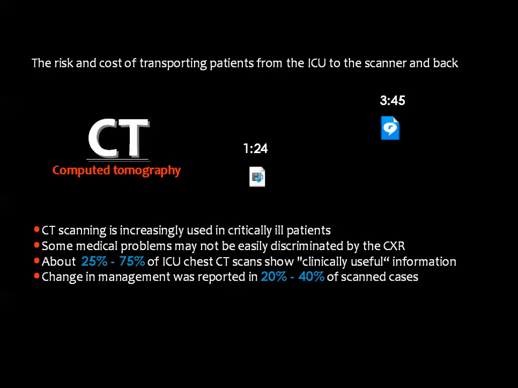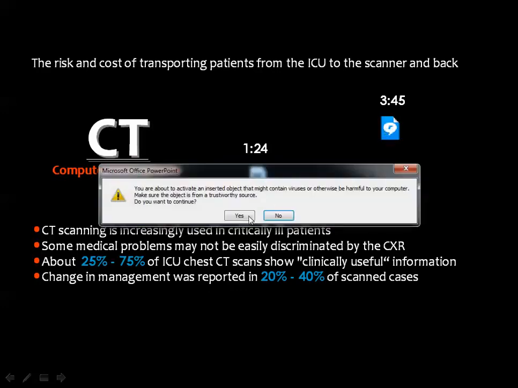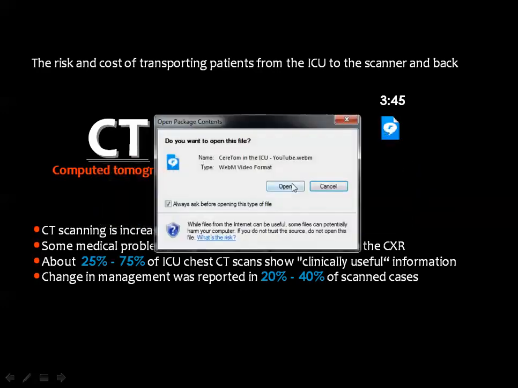Then the risk and the cost of transporting the patient from the ICU to the CT scanner and back to the ICU unit will limit the value of CT in ICU patients. But now you know very well that there are a lot of portable machines that can be used in the intensive care unit, and I will try to show you one of these machines.